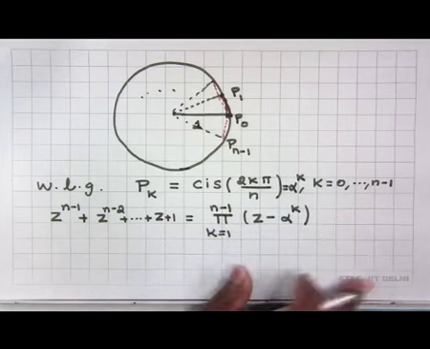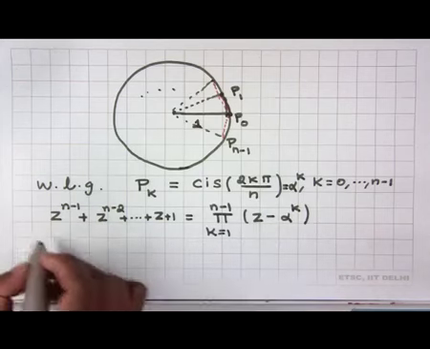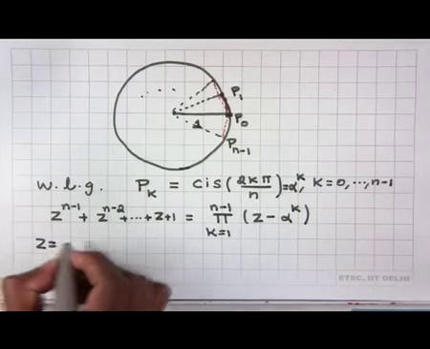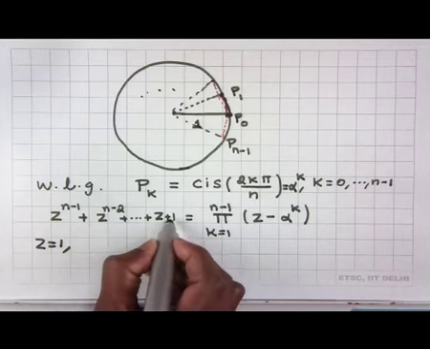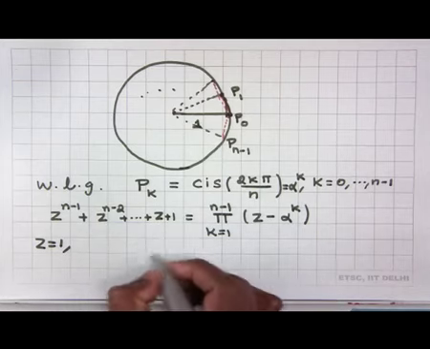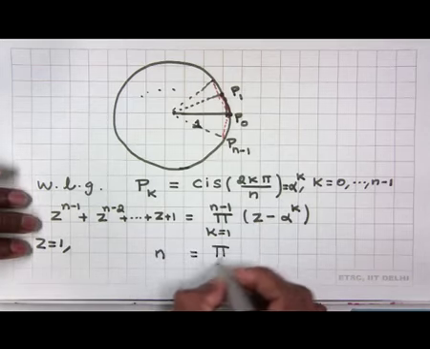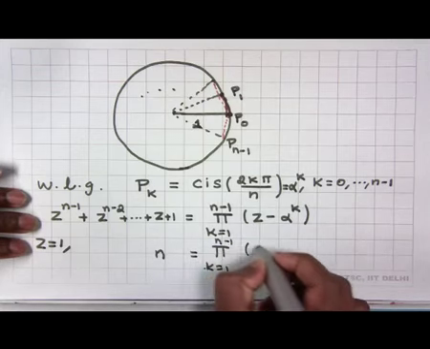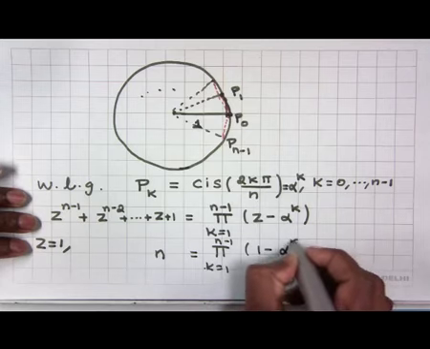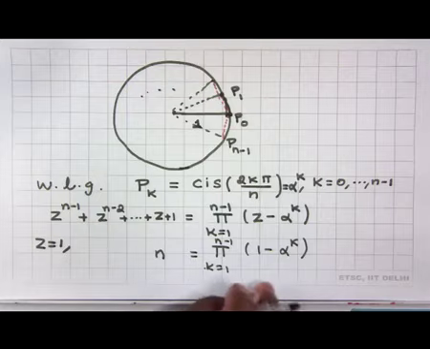Now, this identity is true for all complex numbers. Just choose z equal to 1, then on the left hand side we have n terms, we get n, and on the right hand side we get the product over k from 1 to n minus 1 of 1 minus alpha power k. We are close to the identity which we are interested to prove.